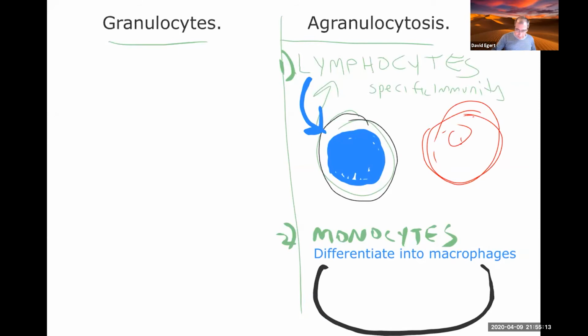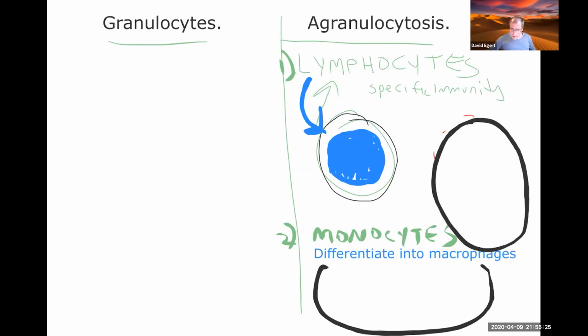I'm going to get rid of the red blood cell here because I don't need it anymore. Instead, I'm going to have my macrophage, my monocyte. The monocyte is really big, and the nucleus tends to be kind of bent. Like if you lived in the Hollywood Hills and had a big kidney-shaped swimming pool in your yard, it looked like the nucleus of a monocyte.